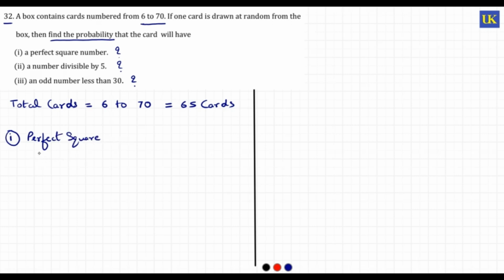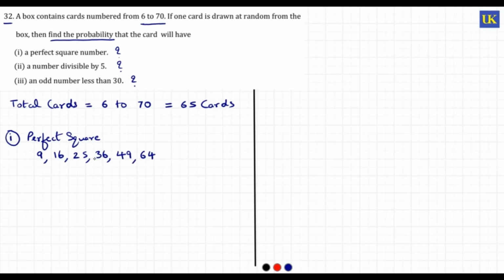So 3 threes are 9, a perfect square number, then 4 fours are 16, 5 fives are 25, 6 sixes are 36, 7 sevens are 49, 8 eights are 64, and 64 is the last number before 70.